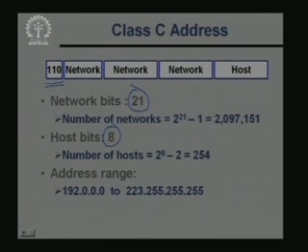So, you can have a very large number of class C networks, of the order of 2 million, but the number of hosts in each network is only 254. Addresses in the range 192.0.0.0 up to 223.255.255.255 belong to the class C address category.